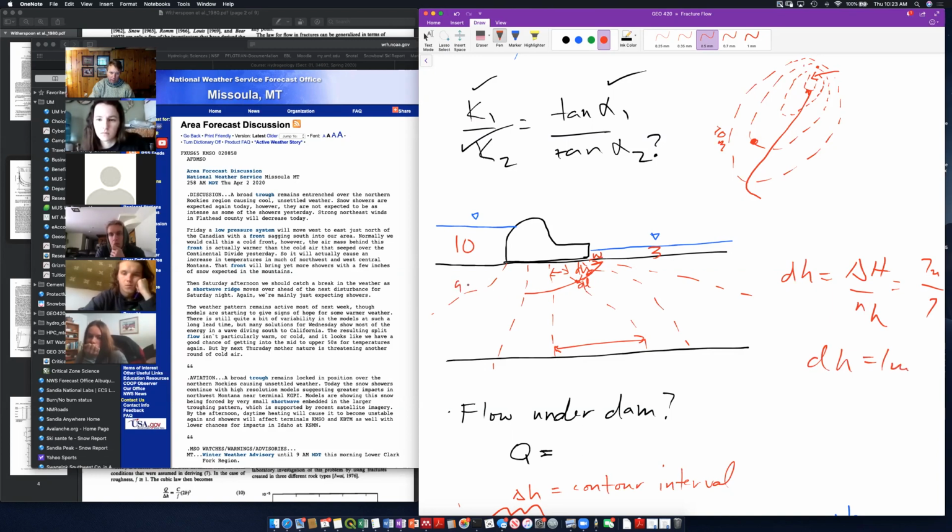So this one is 9 meters, this one is 8 meters, 7, 6, 5, 4, 3. Each of these contour intervals is 1 meter. So all I have to do is measure the distance between these two, and then I know what DH is. It's 1 meter.